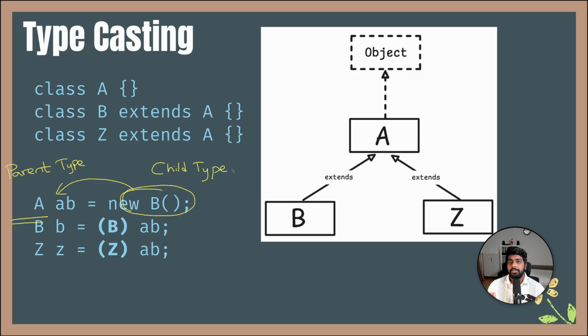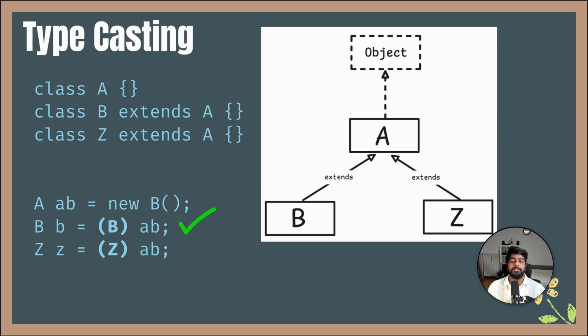You don't even need to cast an object whenever you have a child class assigning into a parent type reference. However, whenever you have a parent type and are trying to assign it to a child class reference, you have to explicitly mention the data type. This is what we just learned, the casting. Therefore, our AB reference can be assigned to a B reference type variable.